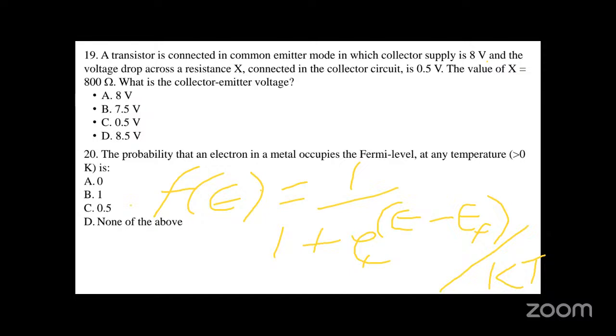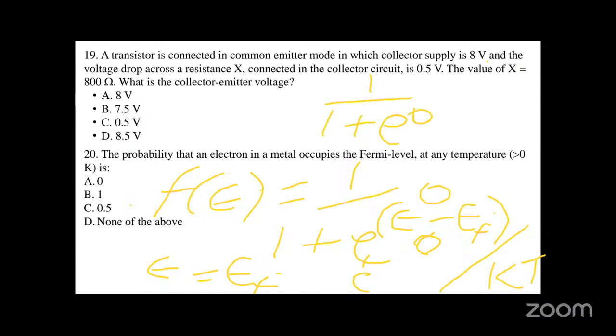Like I said, for metal, which is a conductor, the conduction band and the valence band overlap, which implies that the energy level is equal to the Fermi energy level. E is equal to EF. So E minus EF will be 0, and we are going to have 1 over 1 plus exponential raised to 0.